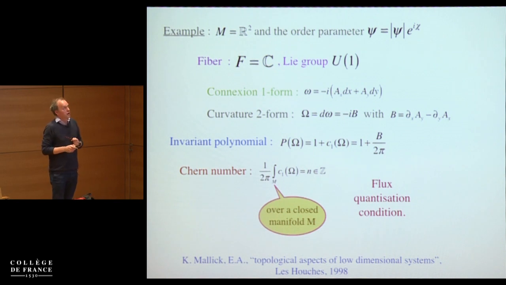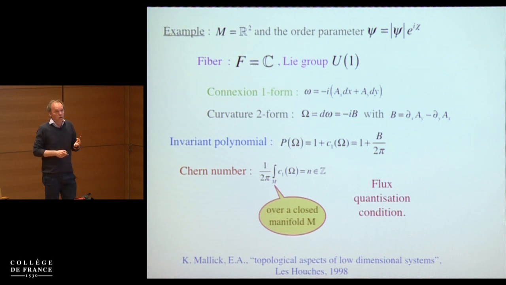So here the fiber is just the complex numbers, and the Lie group associated to this is just U(1), just complex numbers. And the connection one-form is this circulation of the vector potential. The curvature two-form is just the magnetic field, which is related to A through this curl.